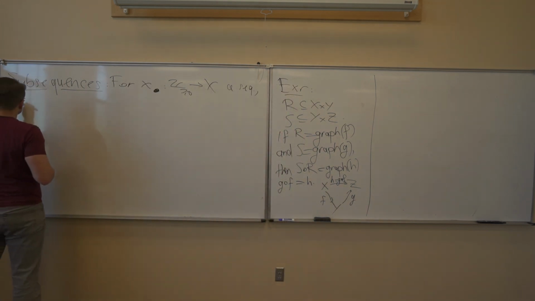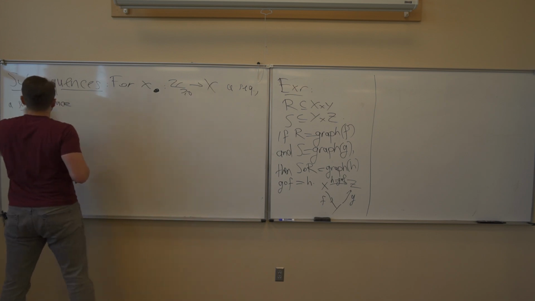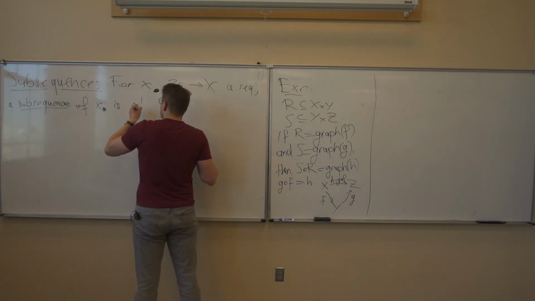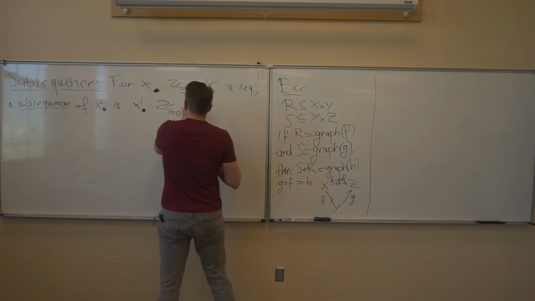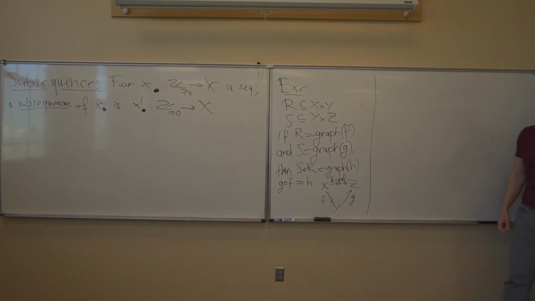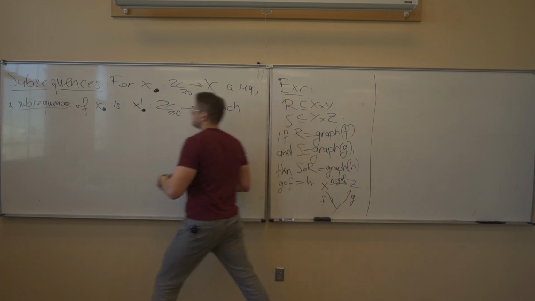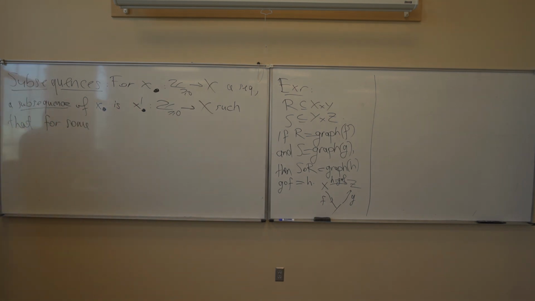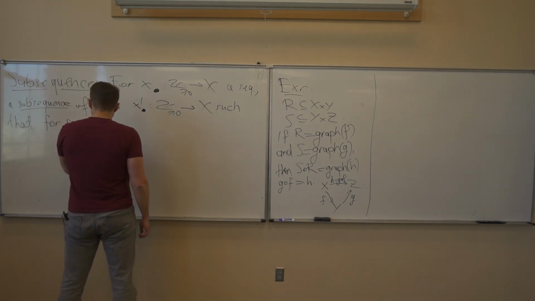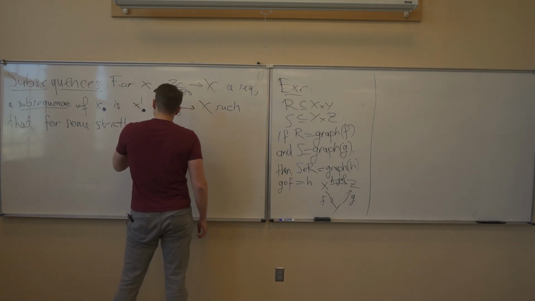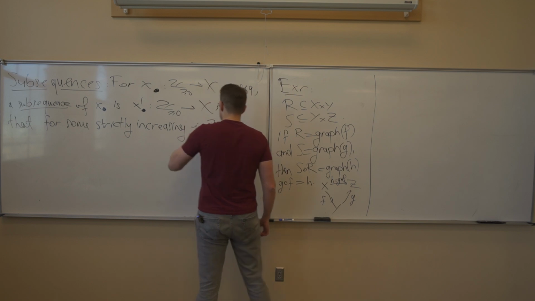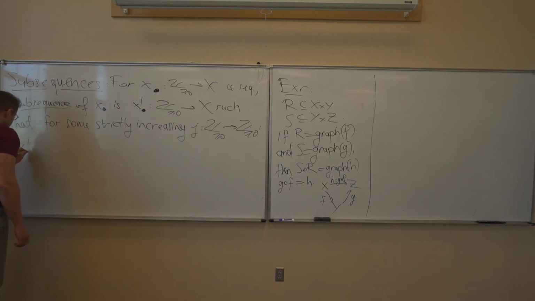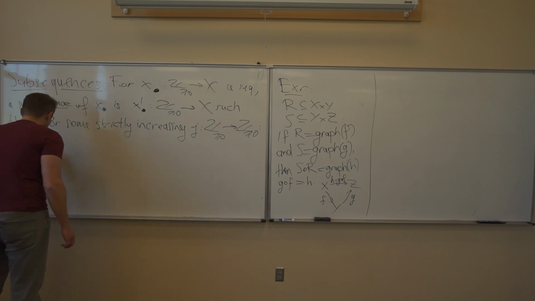A subsequence of x bullet is another sequence, let's say x prime bullet, that starts with the same time, such that for some strictly increasing function j from one time set to the other one, well, let me just write it like this: x prime bullet is the composition of x bullet with j.